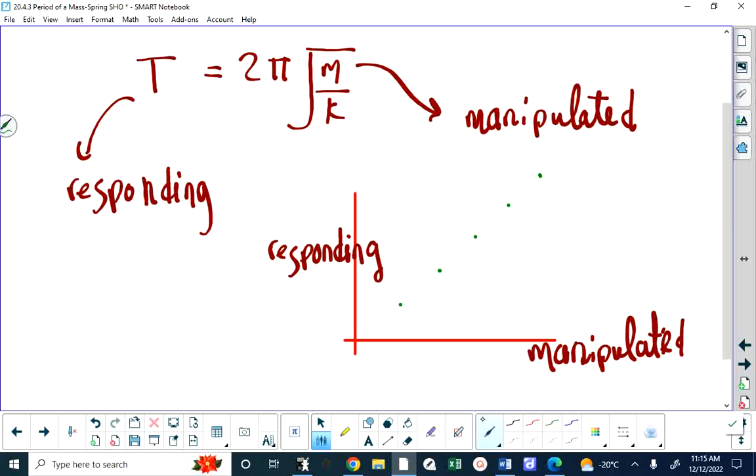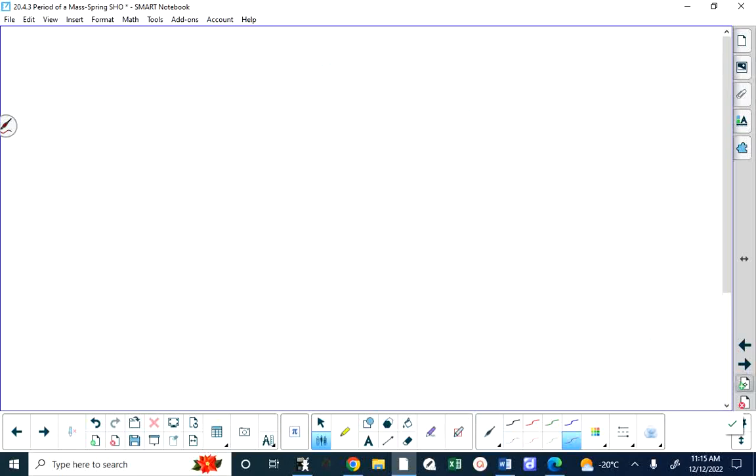Now, the only problem is if you plot T here and m here, you will not get a straight line. You won't. You get a curve because of that square root. And we don't need to worry about the nature of the curve. But what I can do is take this equation, 2 pi root m over k, and think of it this way.